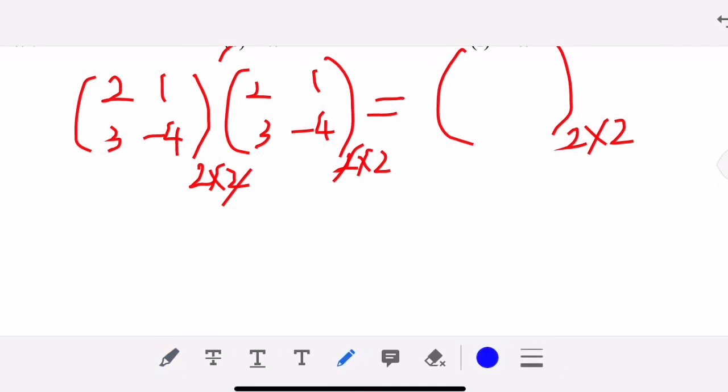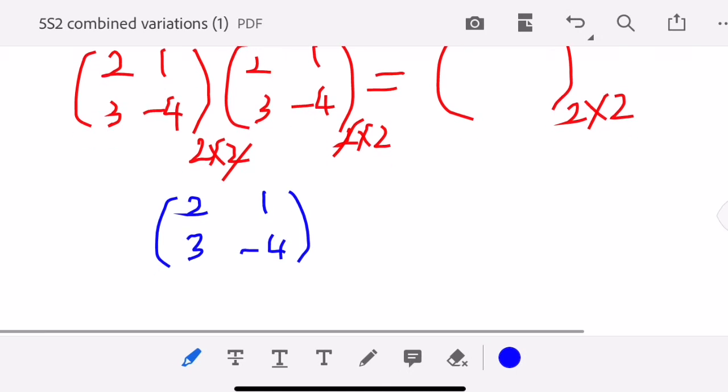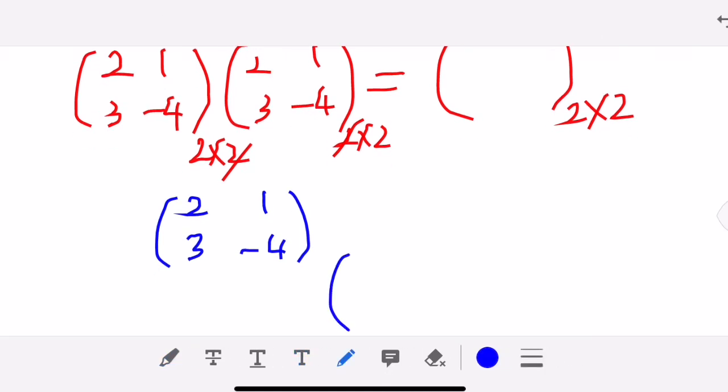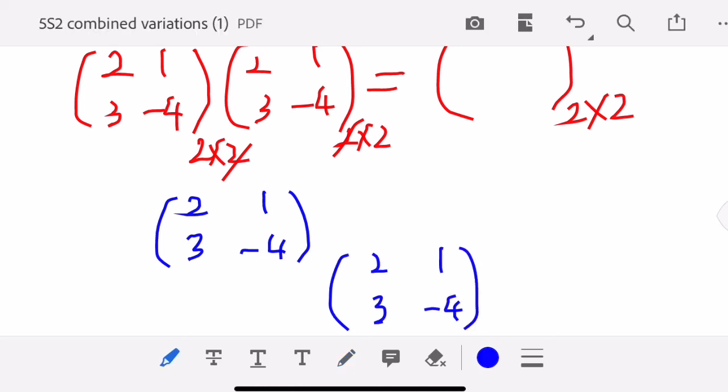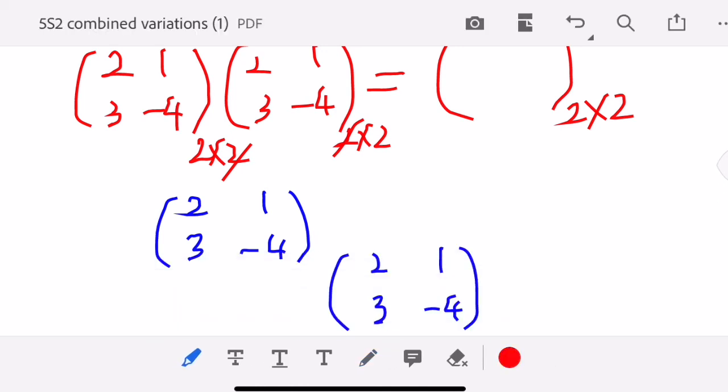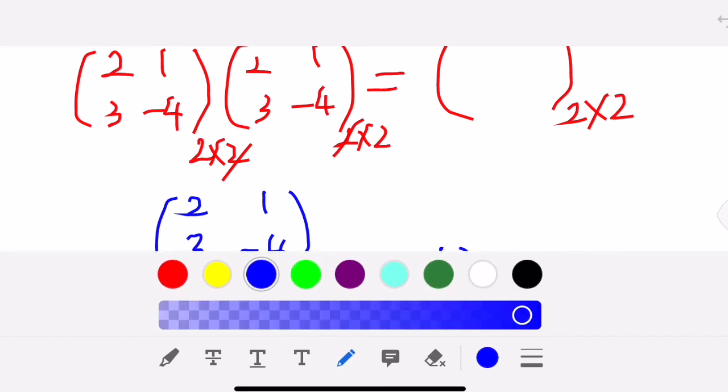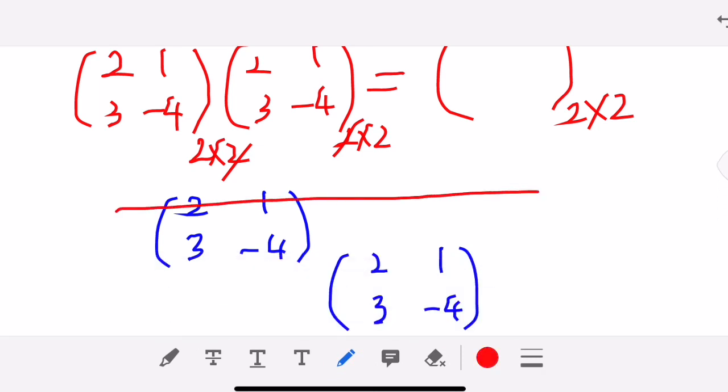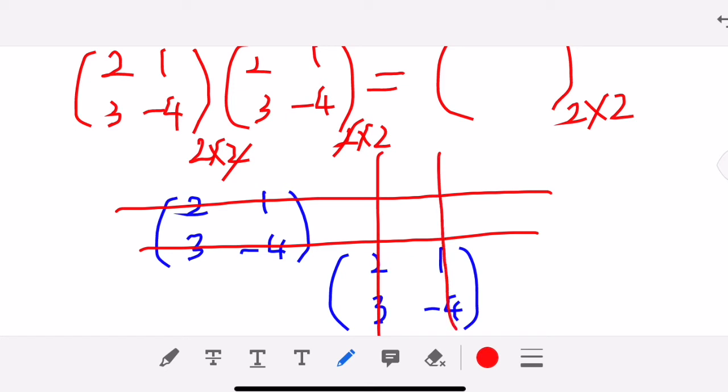I always like to use the way that I show you, which is we do the working down here, 2, 1, 3, negative 4, and we make the other matrix lower a bit, which is also 2, 1, 3, negative 4, right? And then we will underline like this, row 1, row 2, column 1, column 2.